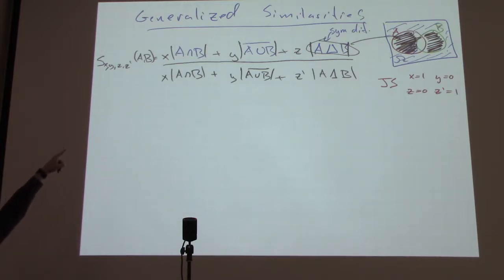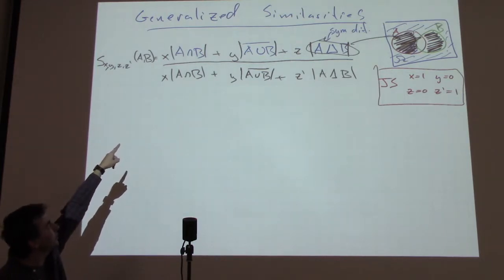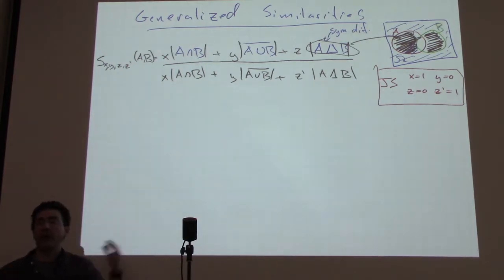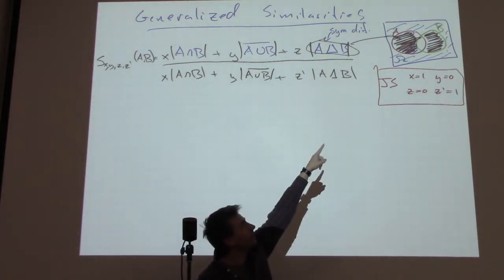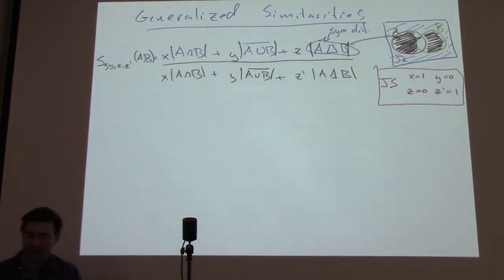On the top, I only have 1 times the cardinality of the intersection, the same as before. For the bottom, I have 1 times the cardinality of the intersection plus 1 times the cardinality of the symmetric difference. Added together, that turns out to be the union: the unfilled picture in this illustration plus the black section together is the union. So that recovers the Jaccard similarity.